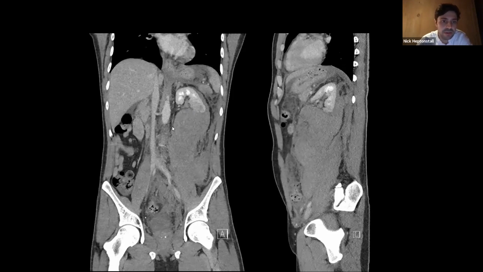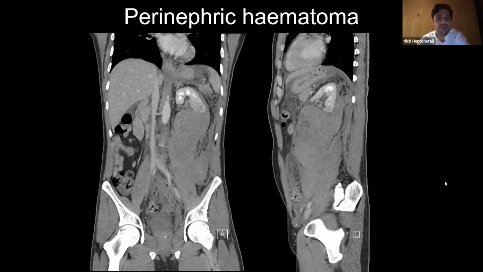So the hematoma is this large mass around the left kidney. It looks very similar density to the musculature. So essentially, this patient had a partial nephrectomy for a kidney tumor and then bled post-operatively. So actually the blood is extending all the way down here and across to the side. And there is some blood within the peritoneum along this edge. This is a perinephric hematoma.